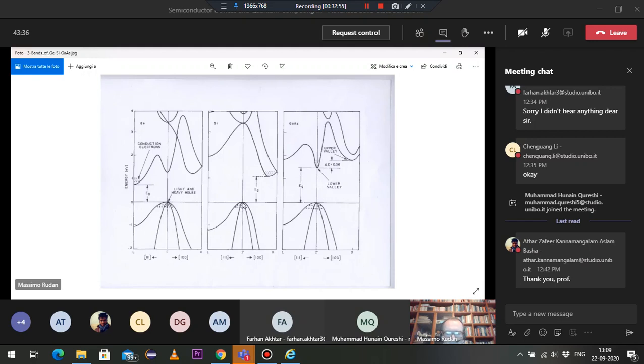The curvature at the maximum is different, but the value at the maximum is the same. You can also see that symbolically there are plus signs indicated near the maxima of the valence band.